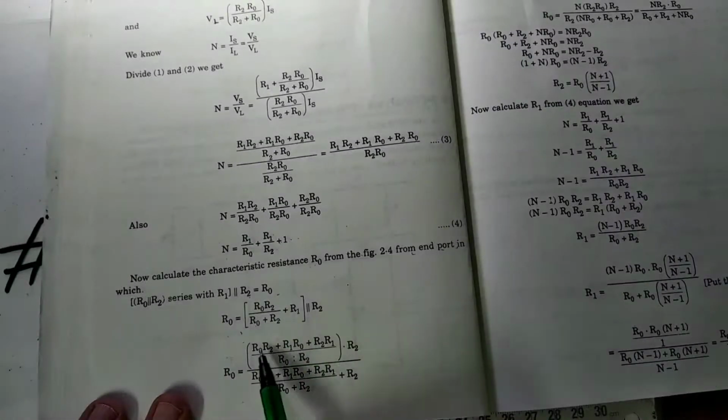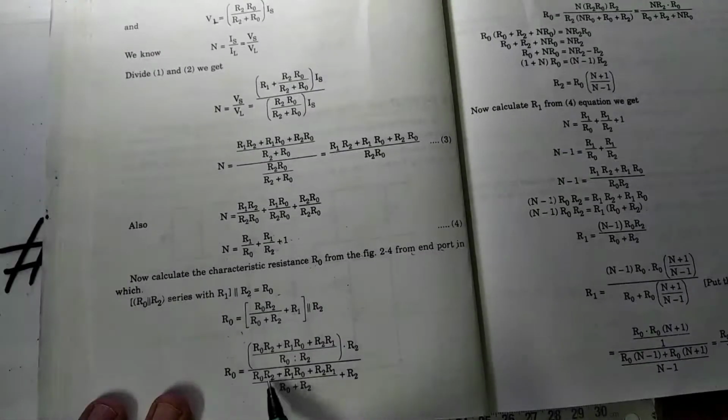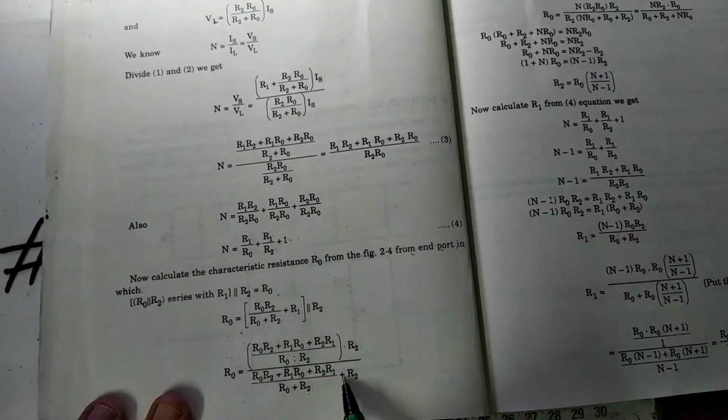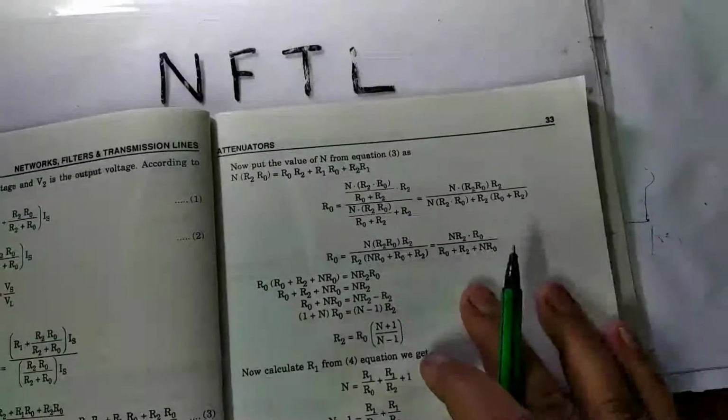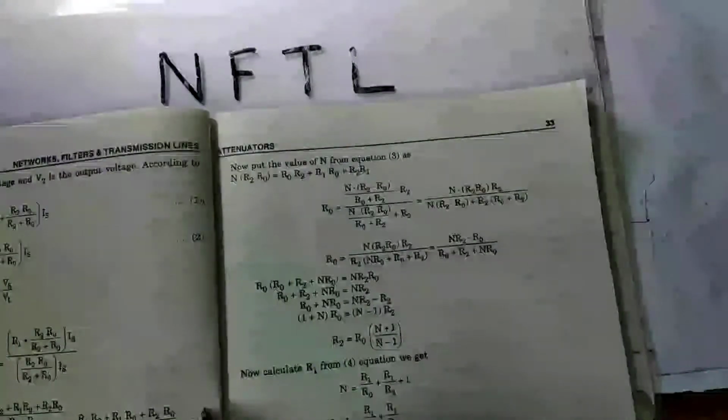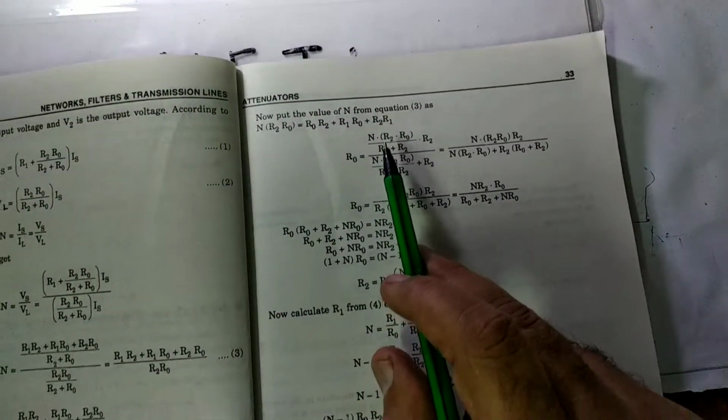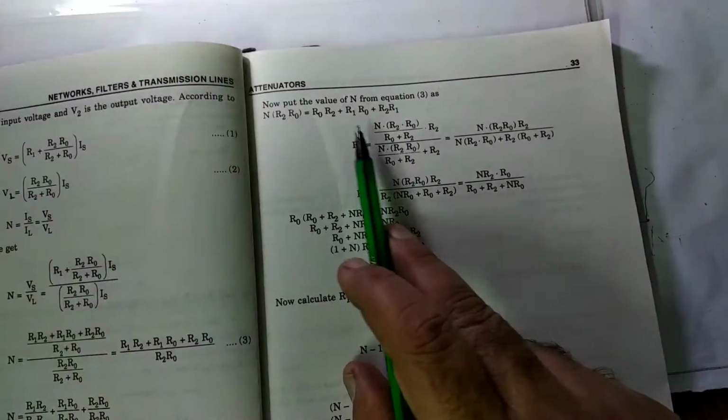So this multiplied by R2 divided by RO R2 plus R1 RO plus R2 RO R1 divided by RO plus R2 plus R2. Now putting the value of N from equation 3, we just put the value of N in this equation.